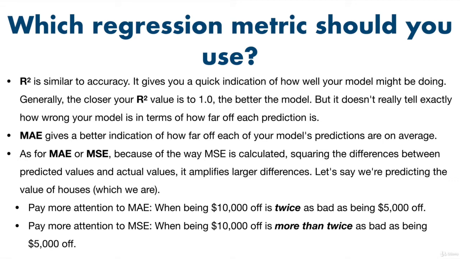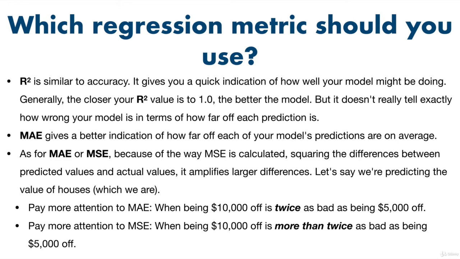You want to pay more attention to mean absolute error when being $10,000 off is only twice as bad as being $5,000 off. So that makes sense, right? But pay more attention to mean squared error when being $10,000 off is more than twice as bad as being $5,000 off. You might think, well, it's not really if I double $5,000 to $10,000. This is another way of saying that bigger errors are worse than smaller errors, right? So if we're $10,000 off, and that's way worse than being $5,000 off, we want to look more to mean squared error.